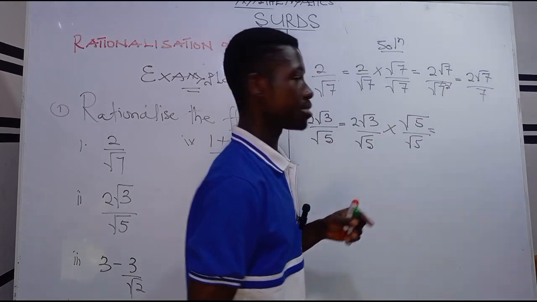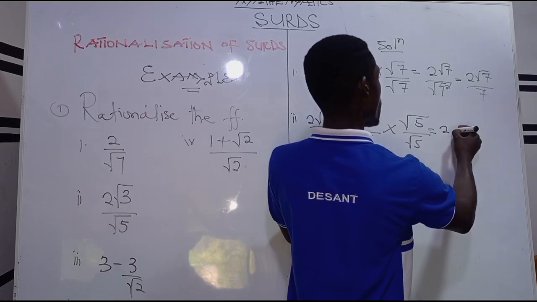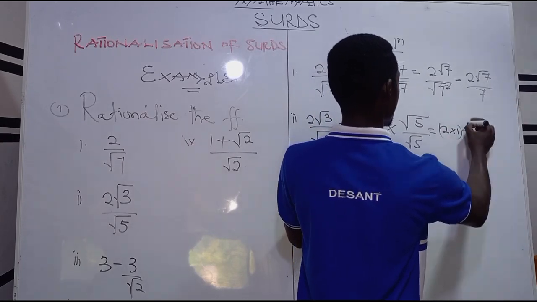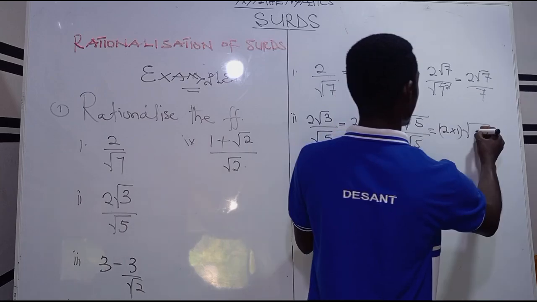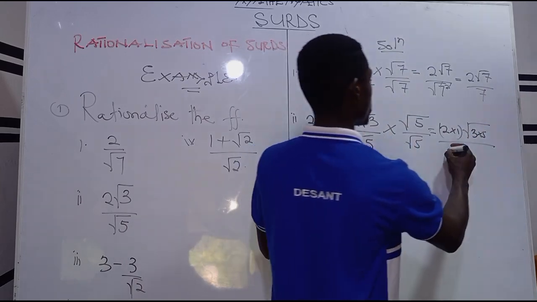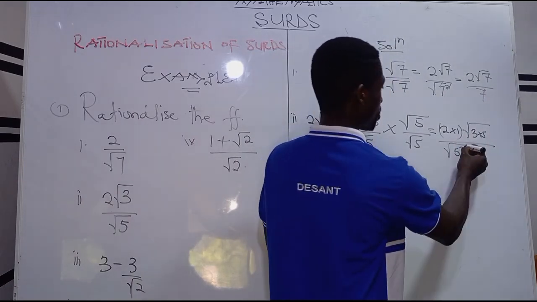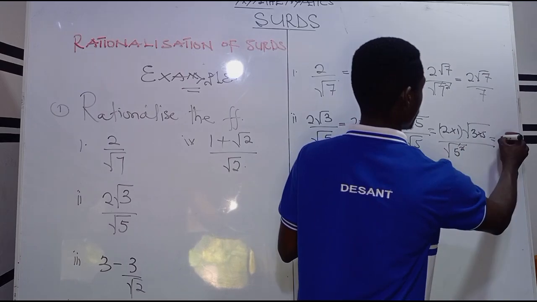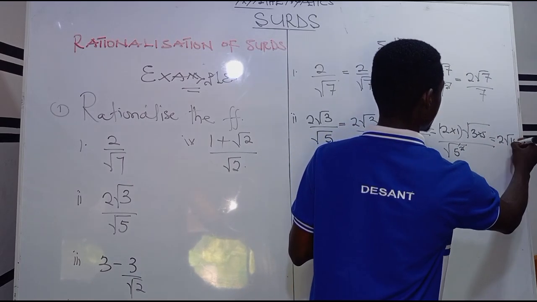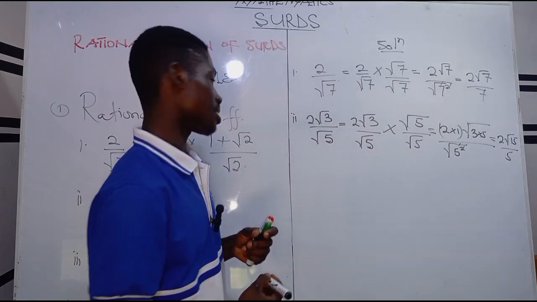And then we simplify. So we are going to get 2 times 1. And then we multiply those in the bracket. We have 3 times 5. So the down we are going to get root of what? 5 squared. So this and that will go. We are left with 2 root of what? 15 all over 5. Very, very easy and simple.